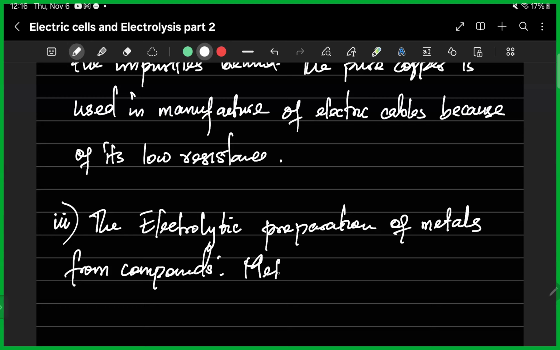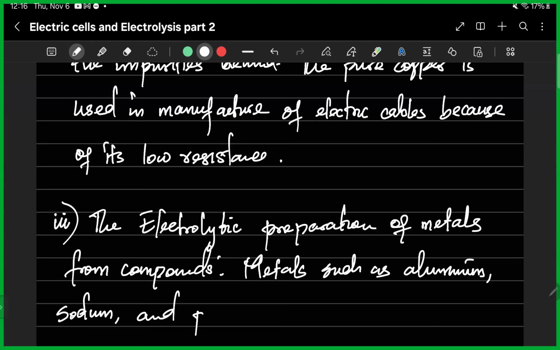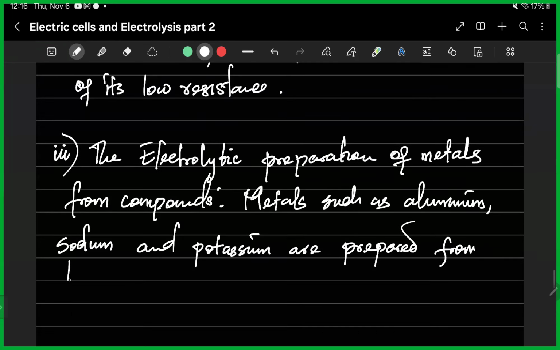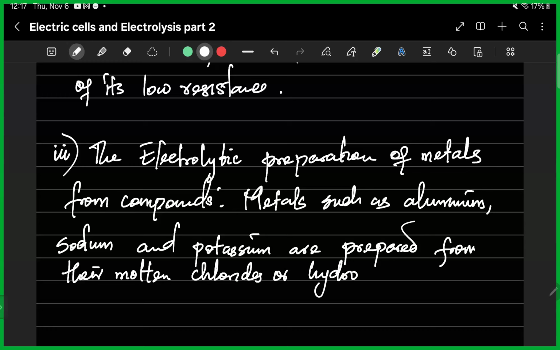Metals such as aluminum, sodium, and potassium are prepared from their molten chloride or hydroxide by the process of electrolysis.